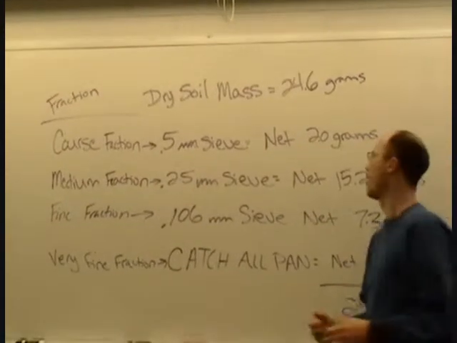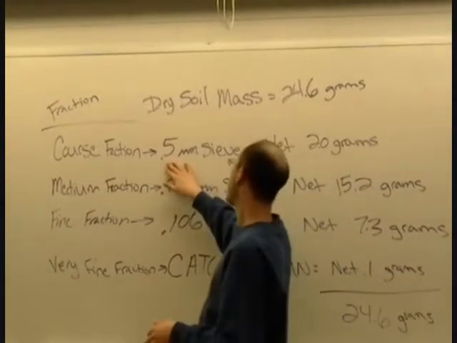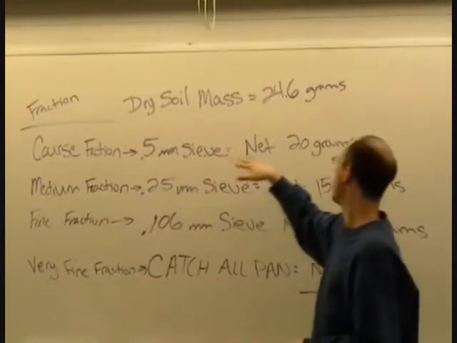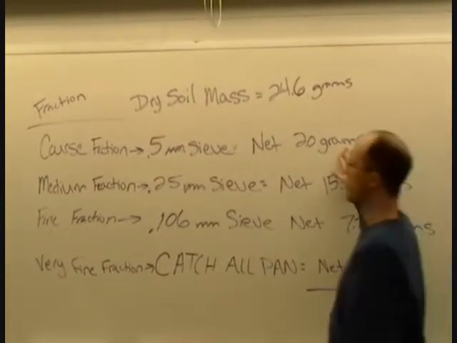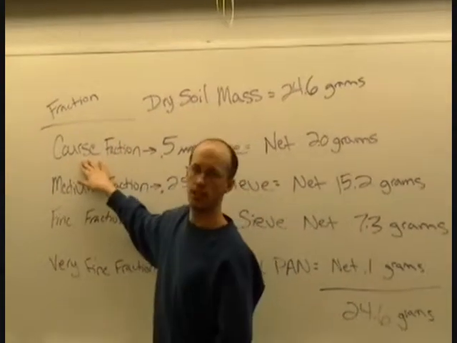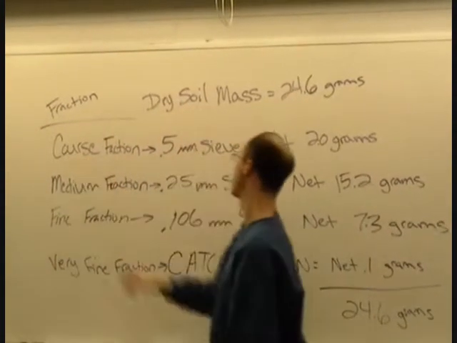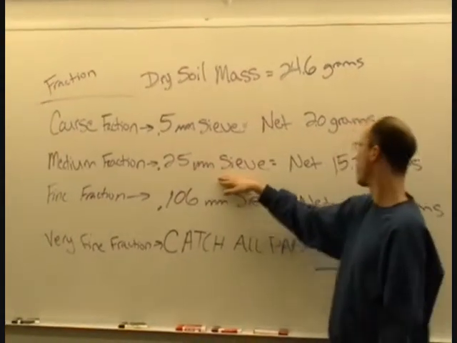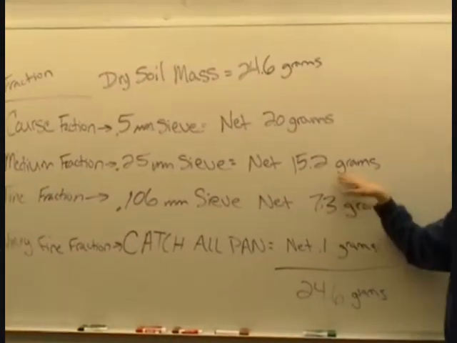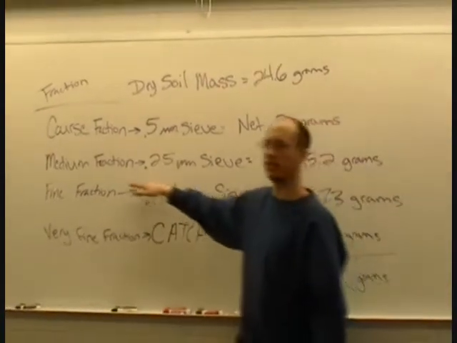After sieving, from the 0.5 millimeter sieve, the net weight was 2.0 grams, and this composes the coarse size fraction. From the 0.25 millimeter sieve, the net weight was 15.2 grams, and this is for the medium size fraction.